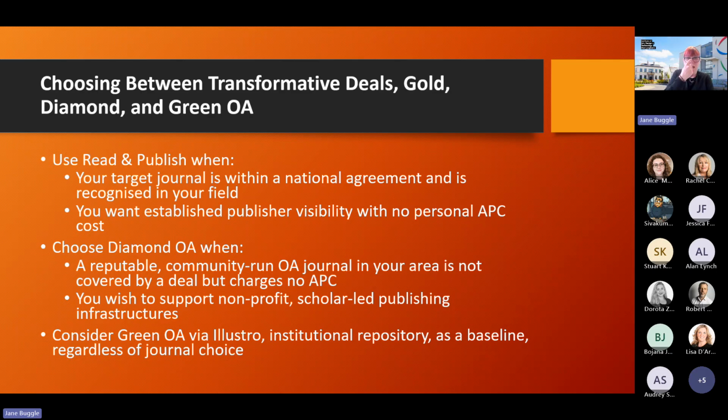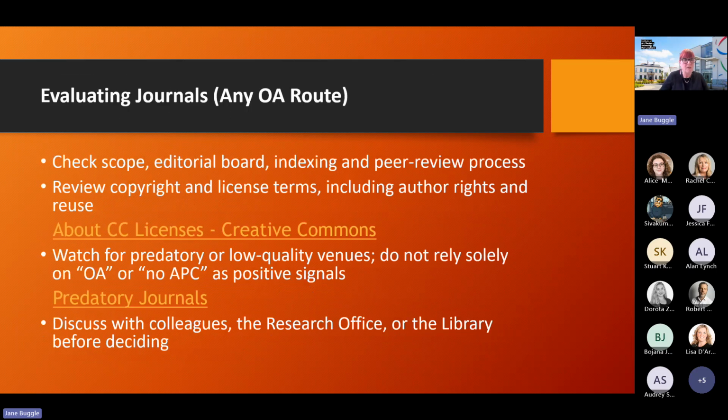Choose Diamond when there's a reputable community-run OA journal in your area that's not covered by a deal but charges no APC, or you wish to support non-profit scholar-led publishing infrastructures. And always consider Green OA via the Illustro institution repository as a baseline, regardless of where you publish.